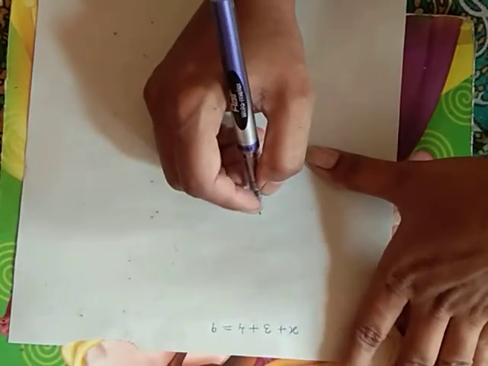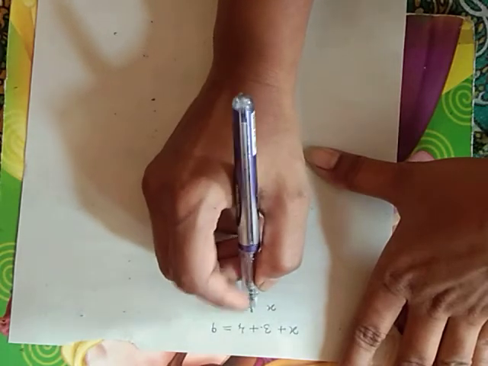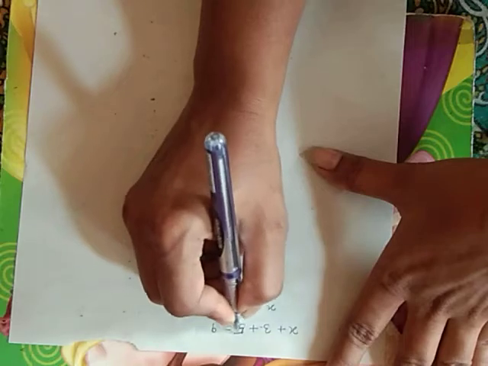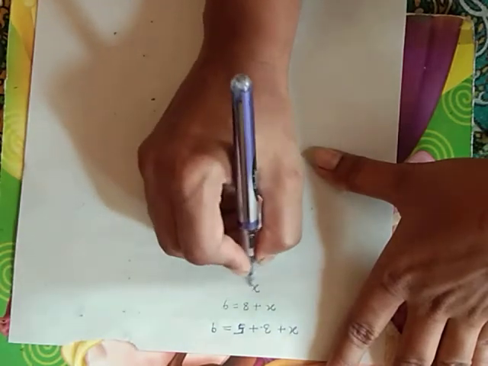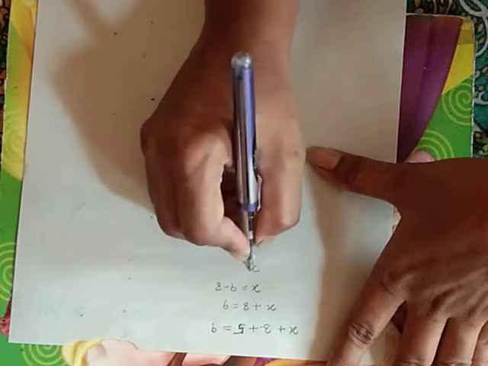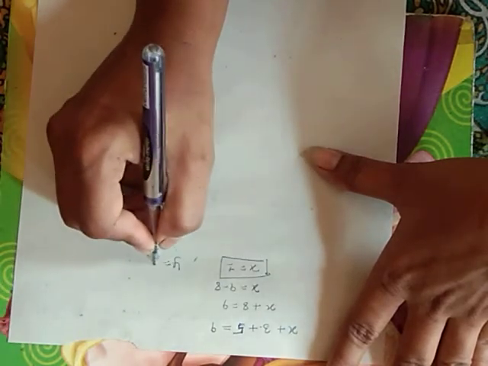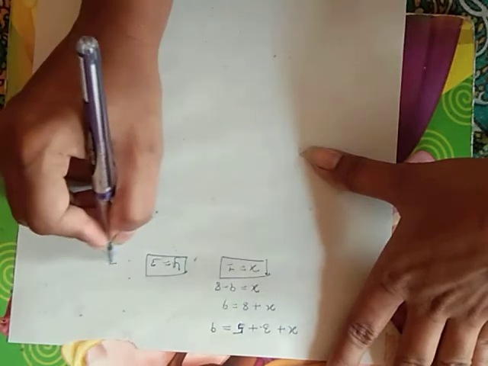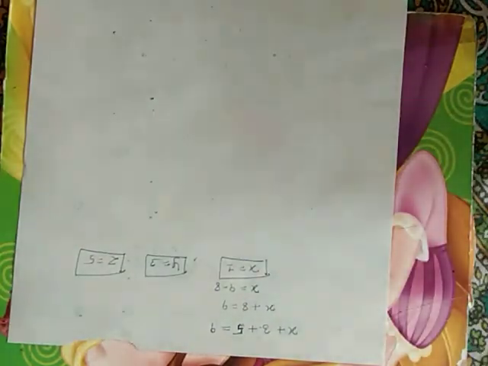Now take the simplification. 5 plus 3 is 8. Send the 8 onto the RHS side. x equal to 9 minus 8, x equal to 1. So x equal to 1, y equal to 3, z equal to 5. These are the values of x, y, z.